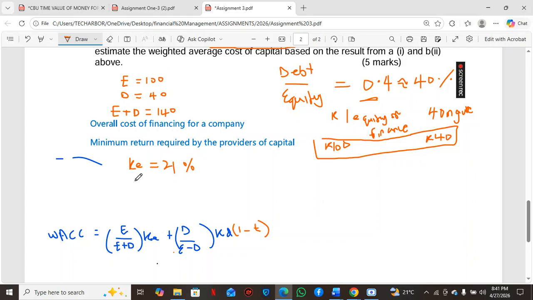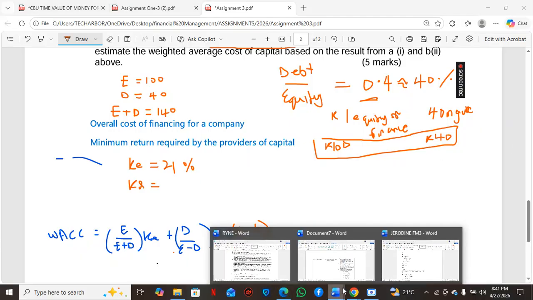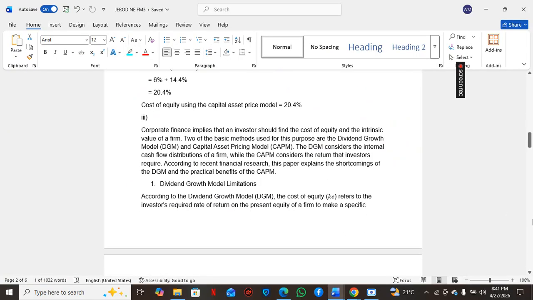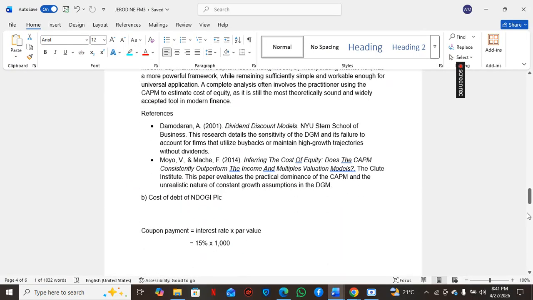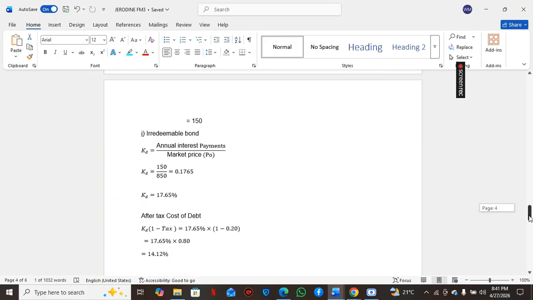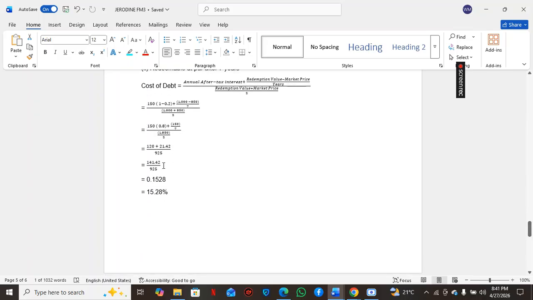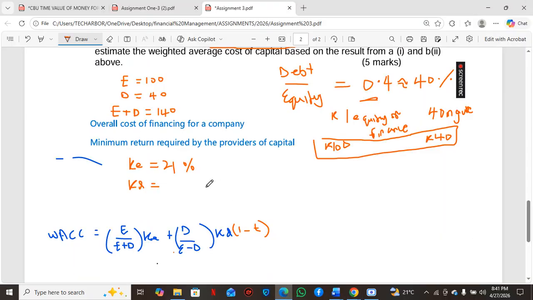Then from B2, they said cost of debt, the after-tax cost of debt, basically 15.28%. So now we can just put the information in our formula.